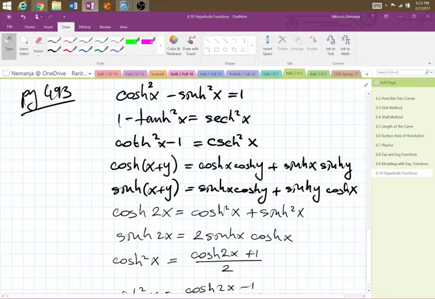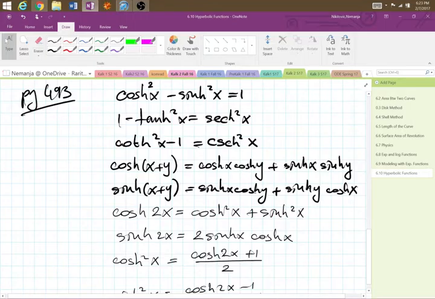And if you divide through by sine squared, you get 1 plus cotangent squared x is equal to cosecant squared x. So now when you compare these formulas to these formulas, you see that that's pretty close, right? You have those minus signs over there. All of these have plus signs, and all of these have minus signs.